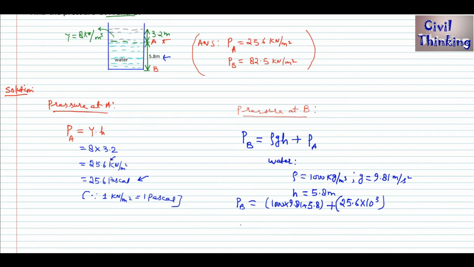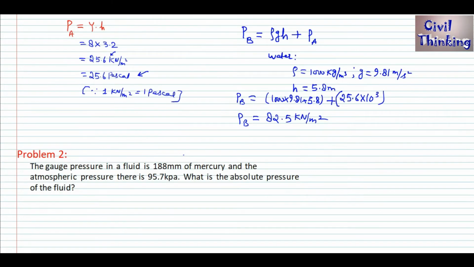When we use the calculator, we get the pressure at B approximately equal to 82.5 kilonewton per meter square. So that's the answer. Let's continue with another problem.